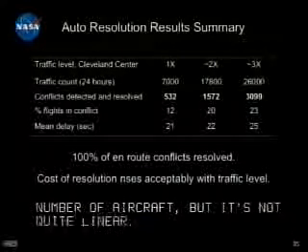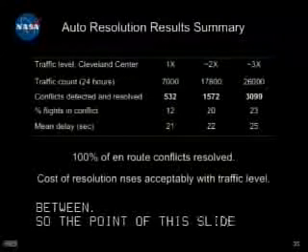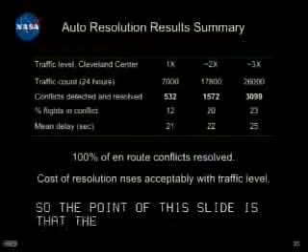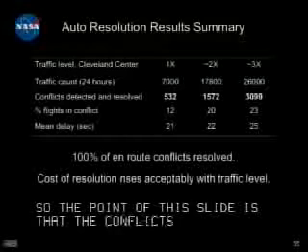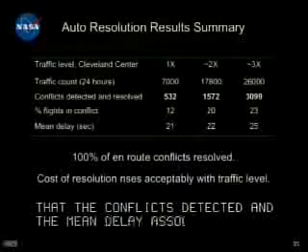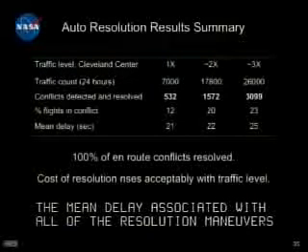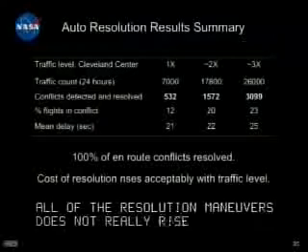So the point of this slide is that the conflicts detected and the mean delay associated with all of the resolution maneuvers do not really rise appreciably, and in fact it's acceptable.